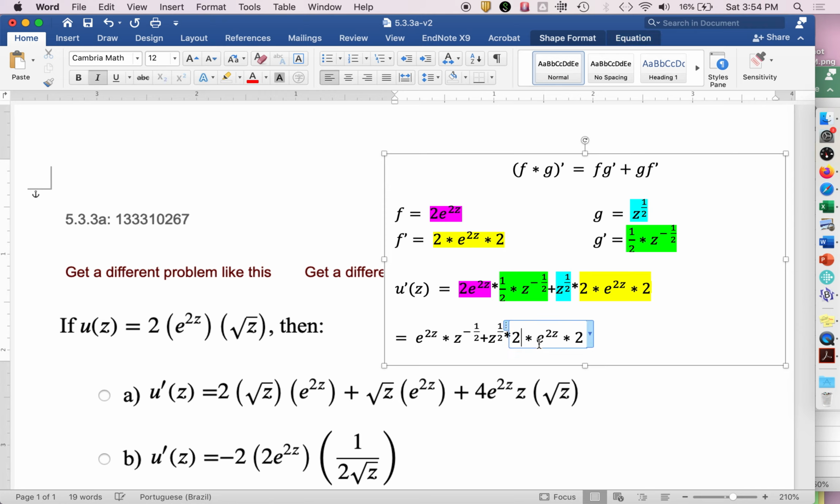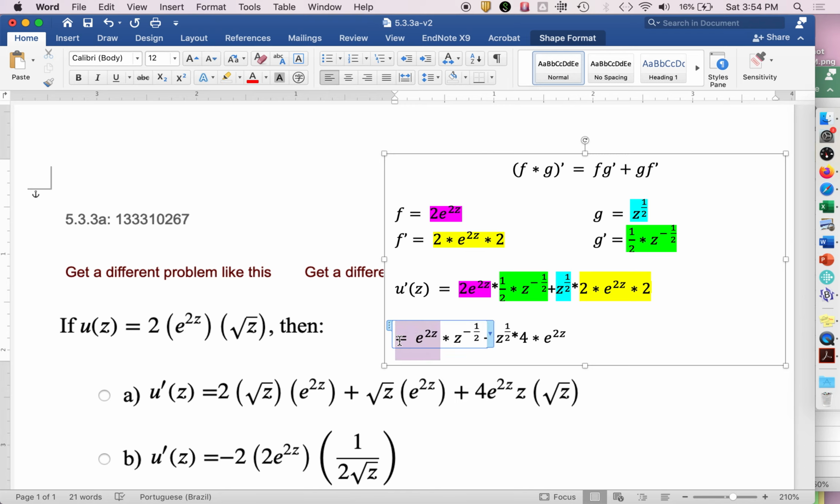And then I also see a 2 on the right side, and a 2 would multiply together and give me a 4. So I make that a 4 and take this 2 away. All right, and then last but not least, I could write this z to the 1/2 back into a square root, and I could move this z to the negative 1/2 into the denominator of the e to the 2z.